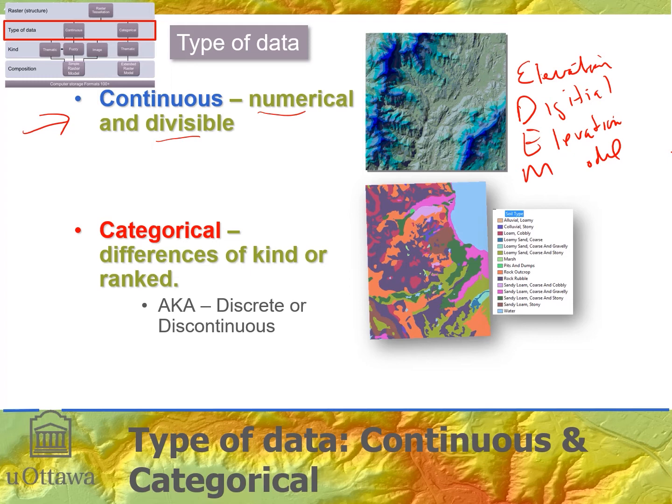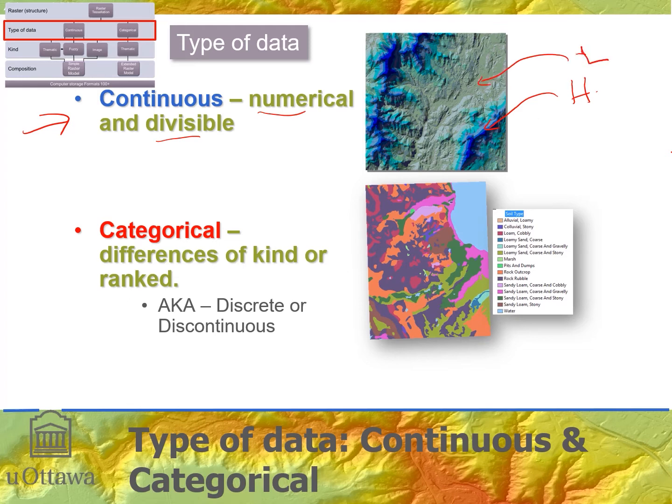Some people say DEM is another way to say that particular thing. And in this case, elevation is represented in each cell, and a color scale is used to represent differences in the magnitude of elevation. In this case, the dark blue is high elevation, and the greenish is low.